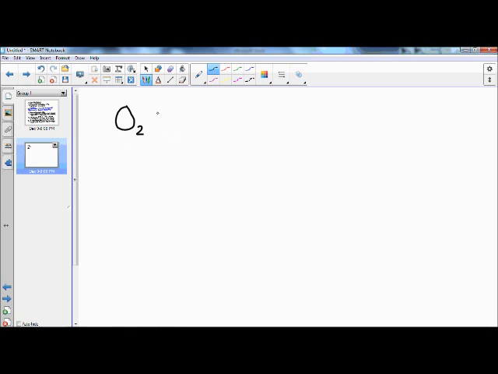Okay, so look at this molecule here. There are obviously only 2 oxygens, so we really don't have a central atom. They're both going to be central. Now, if you recall from doing the Lewis dot symbols, oxygen has 6.